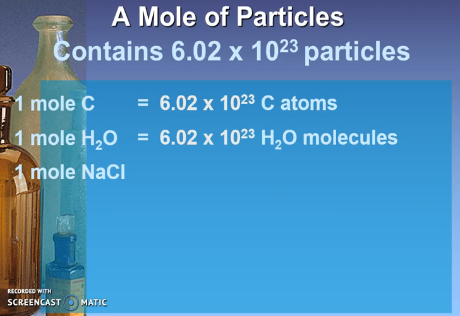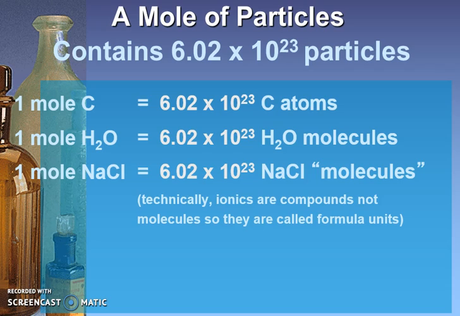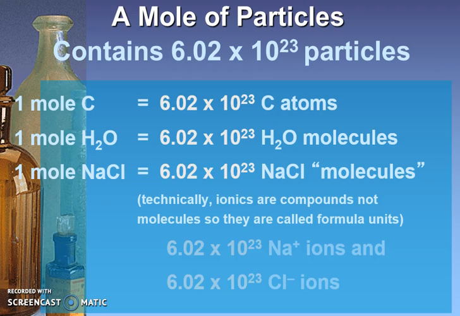Whatever it is, if it's a molecule or an atom, it's going to be that number of particles. And we can break it down into that number of positive ions and negative ions, and when you put them together, it'll be this 1 mole of the compound.